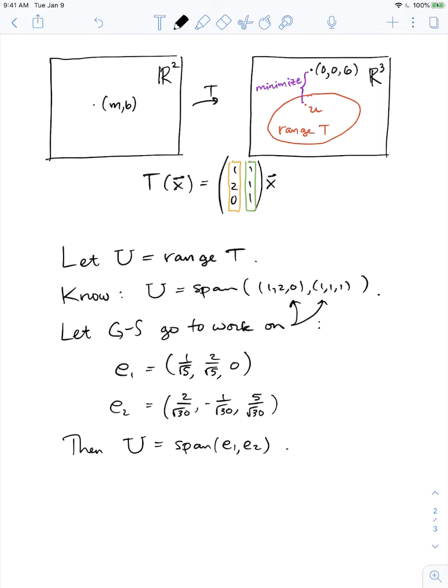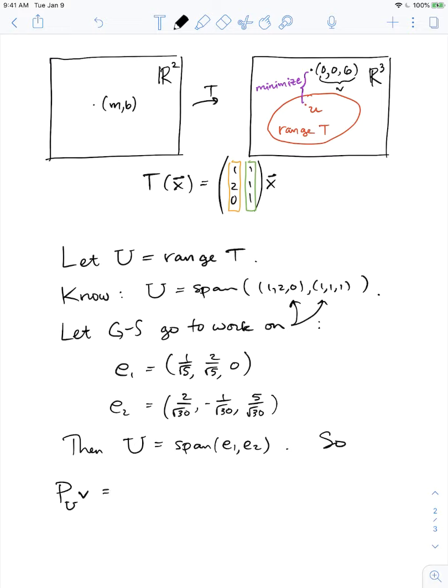Now, once you have an orthonormal basis for the subspace you're trying to project into, then you know for sure, if you call this vector v, so let v be 0, 0, 6, then the projection into the subspace U of that vector v, you know it.